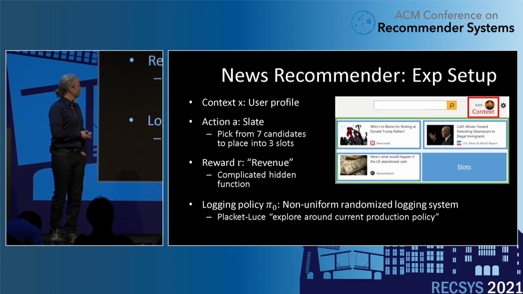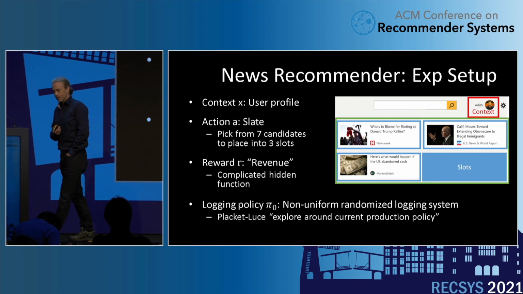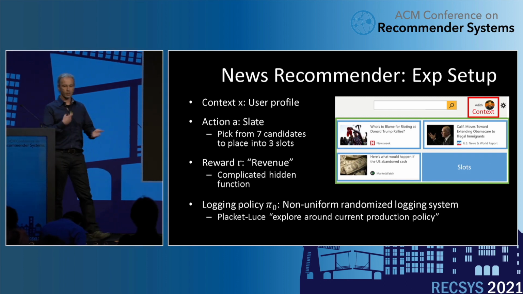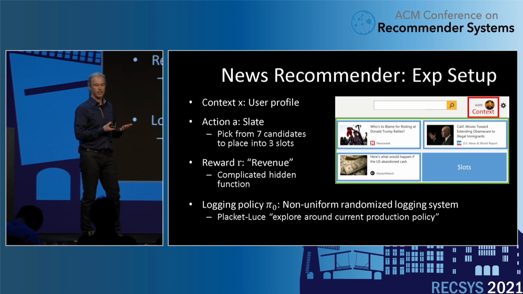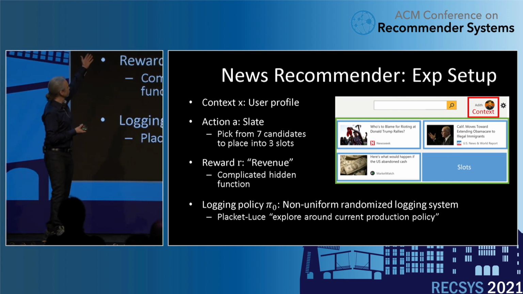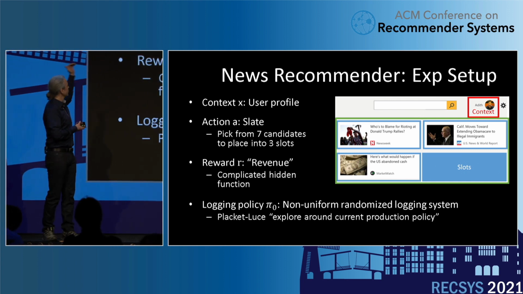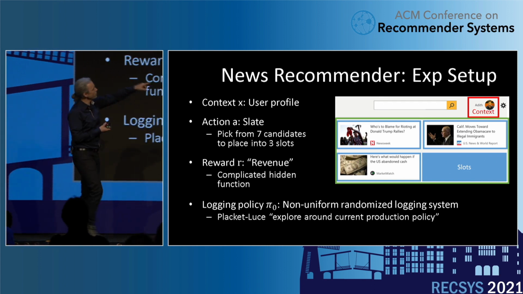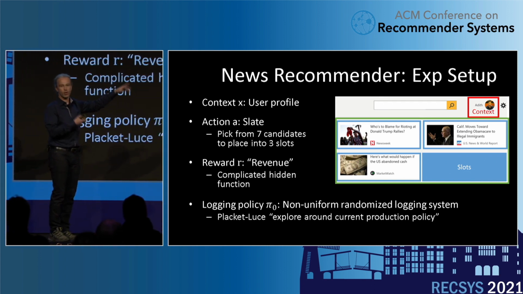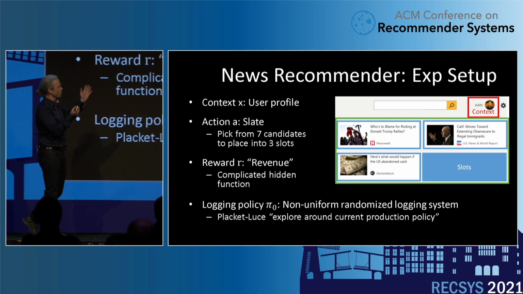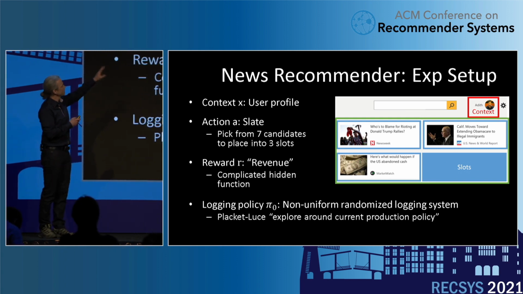So here's, again, a synthetic example. It's a mock news recommendation setting where we have a user profile, that's our context. We have 3 slots where we can put in news articles. It's synthetic, so it's all made up. And let's say we have just 7 candidates that we can place into these 3 slots.